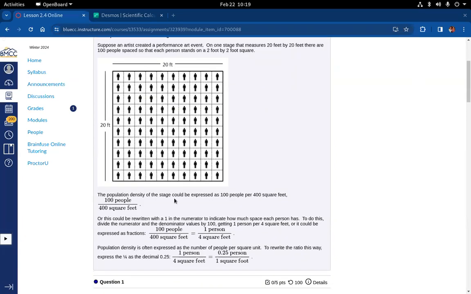And there's a few different ways we can view this situation. So it's 20 by 20, 20 times 20, 20 is 400. So one view of the population density in this case is 100 people divided by 400 square feet. And that can be viewed in different ways depending on how we clean up that fraction.